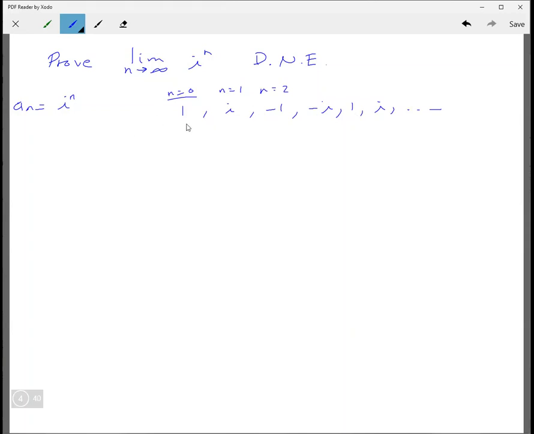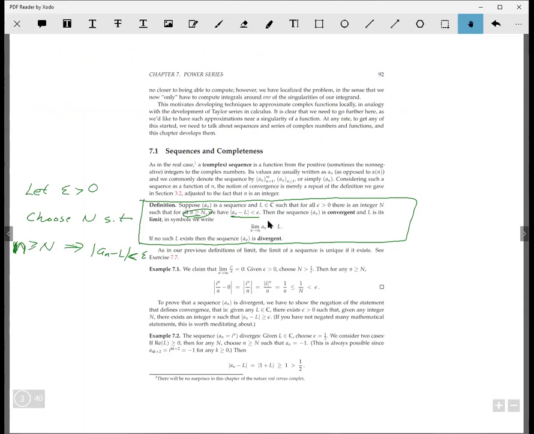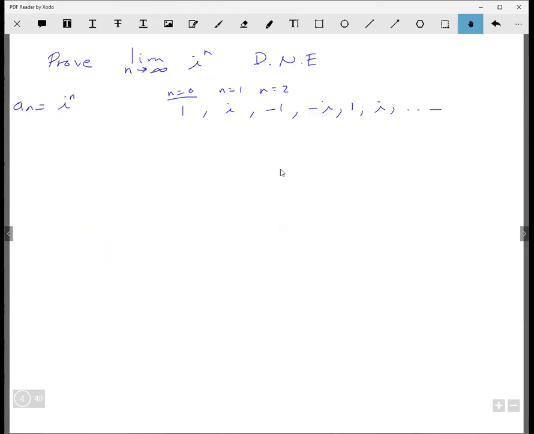And so it sounds really easy to prove this, but if you look at the definition, it becomes a bit more complicated because we not only have to show, so like you could say, oh, I can show that it doesn't converge to 1 because there's all these other values that are far away from 1, right?